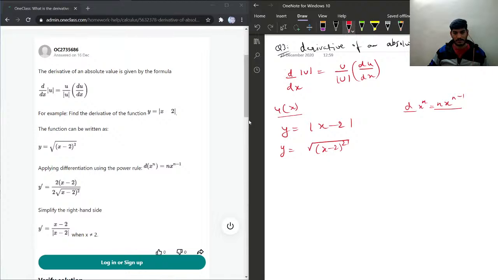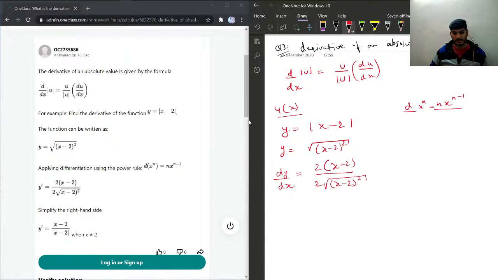So they'll take the derivative here and will get 2 times x minus 2 over 2 times root of x minus 2 whole square.